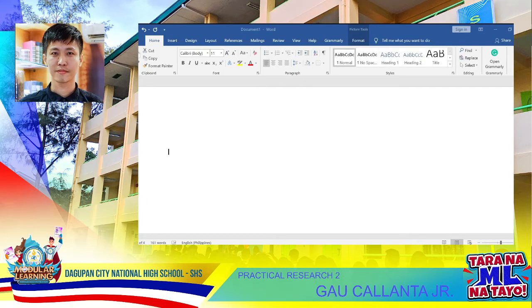The lesson for today is entitled Instrumentation and Data Collection. We have established in quarter one that research starts with a problem. And the word problem in research means there is an absence of data, or there is a missing data.